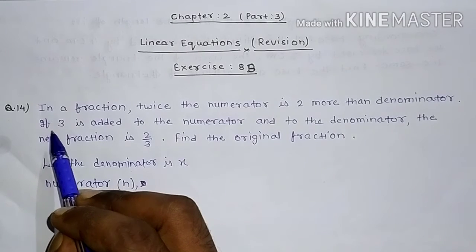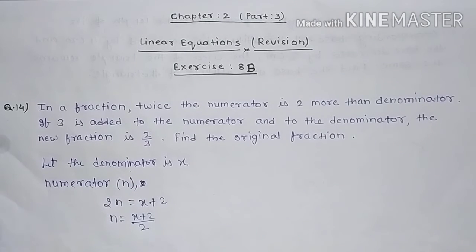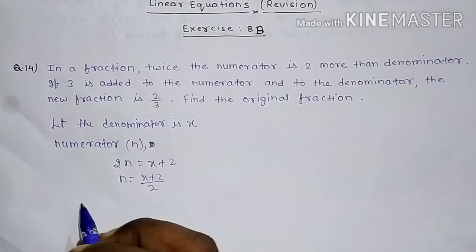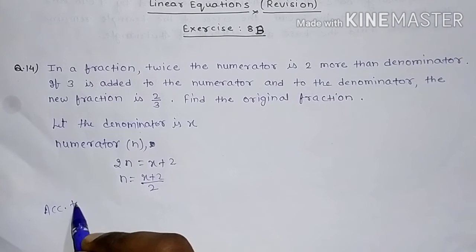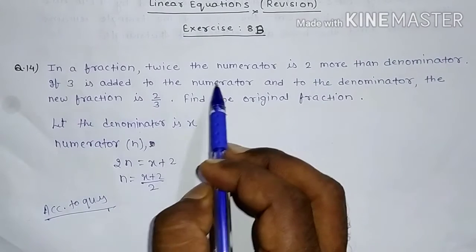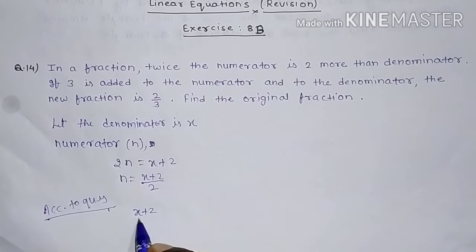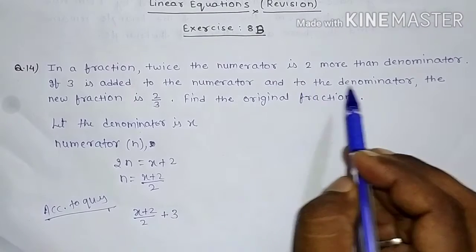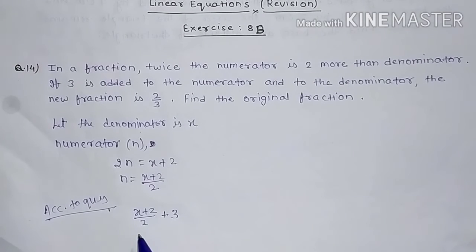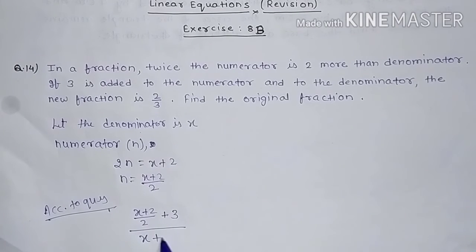According to question, if 3 is added to the numerator and to the denominator. So here, according to question, if 3 is added to the numerator, so numerator is (x plus 2) upon 2, and here 3 is added, and to the denominator, that is x, and here 3 is also added in denominator, so x plus 3.